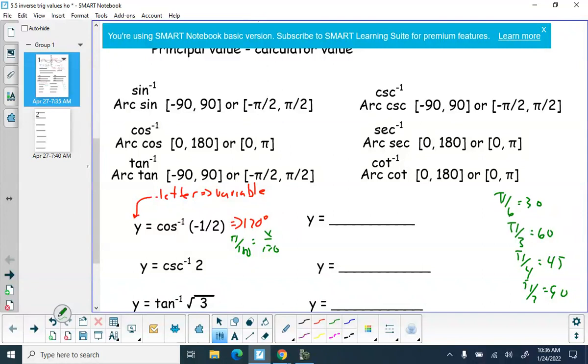But we can start to advance ourselves a little bit and start asking ourselves the question, which one of these values here, 30, 45, 60, 90, can we multiply by a specific value to get 120?